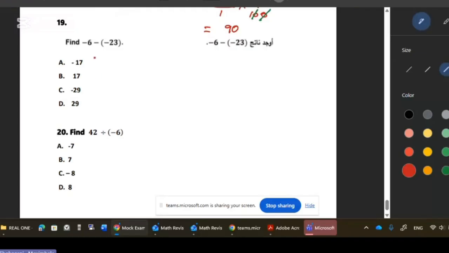Now let's look at this one here, number 19. It says here, find -6 minus -23. So again here, we see subtraction, so we can do KCC.